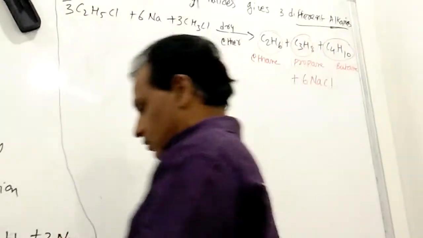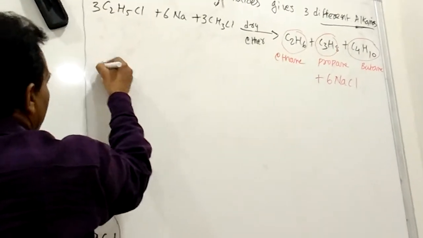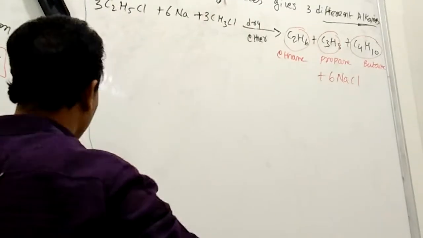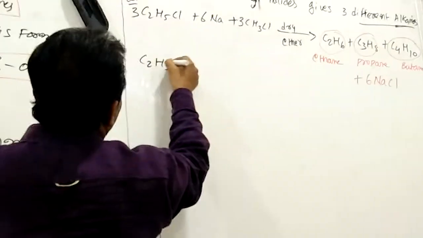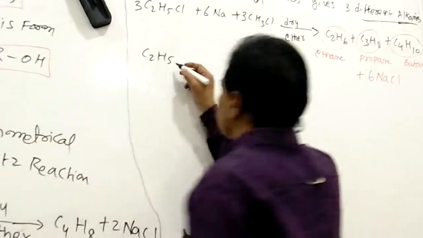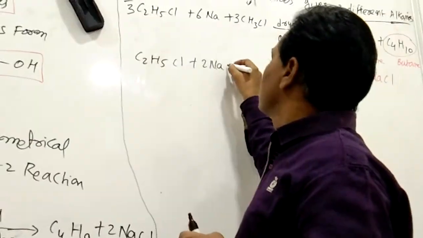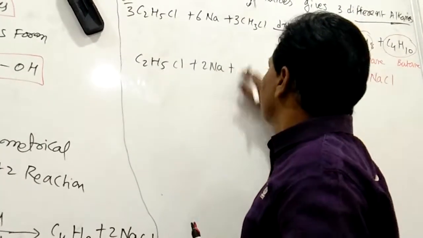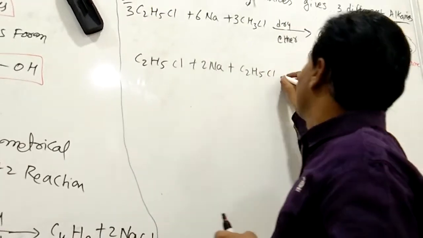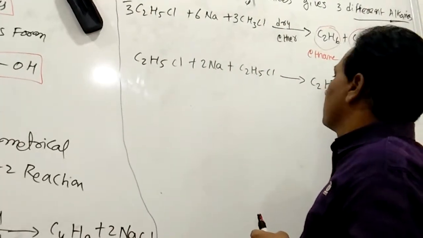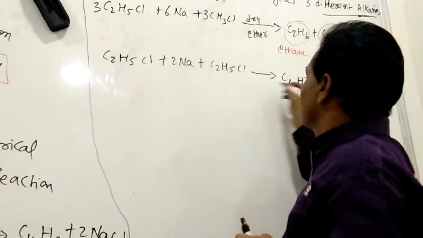So I will explain how it is formed. C2H5Cl plus 2Na gives C4H10, butane, is formed.